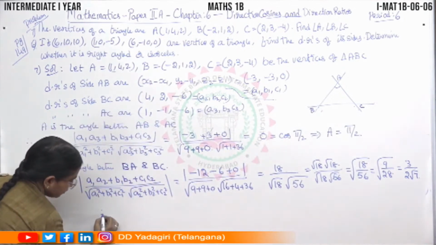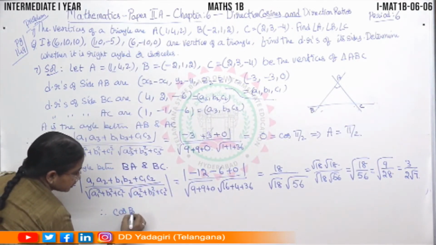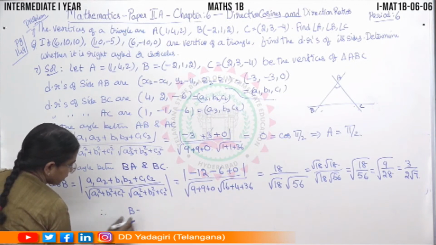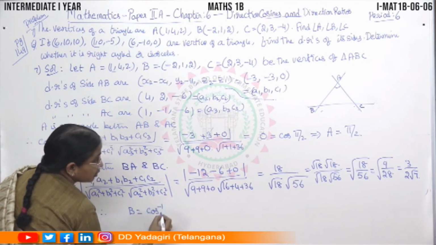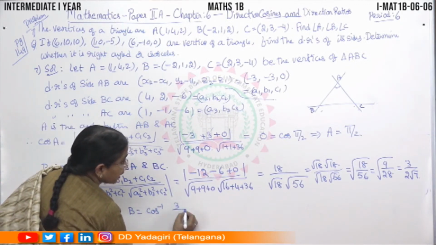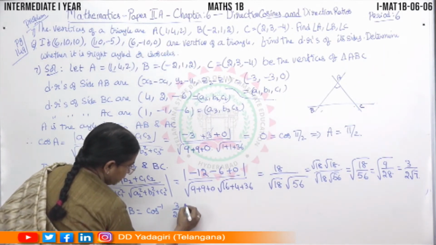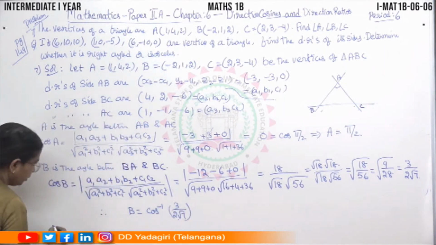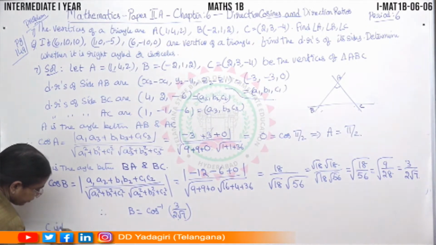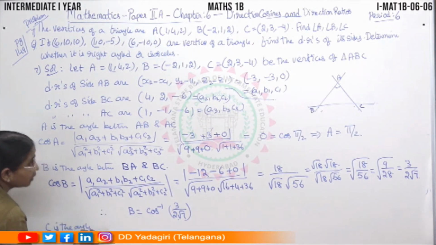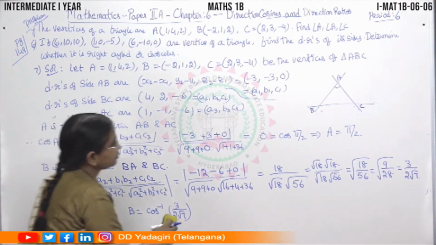So therefore cos B is equal to, B is equal to cos inverse of 3 by 2 root 7. So this is one answer. Now C is the angle between, I'll write it out.